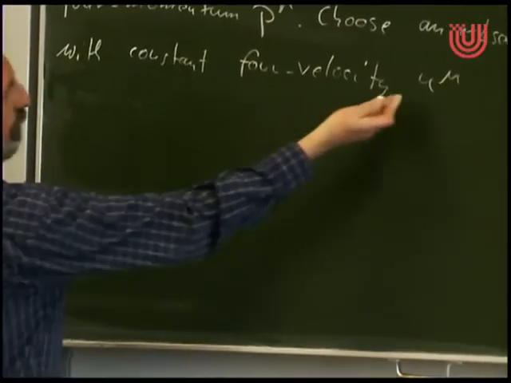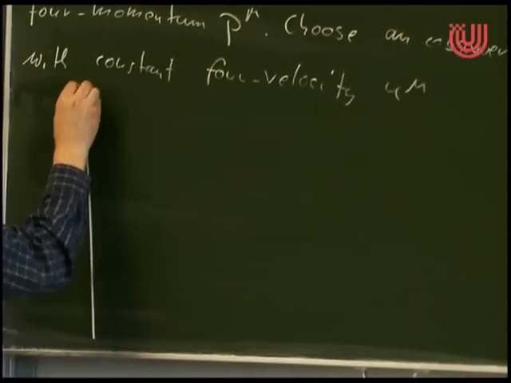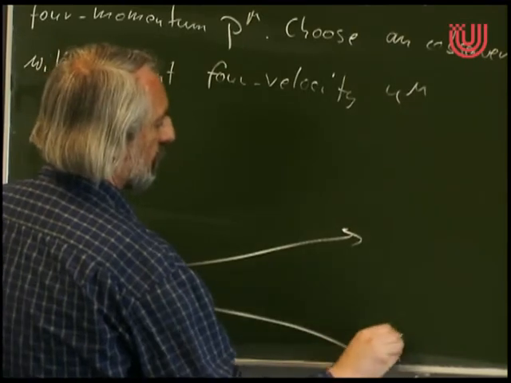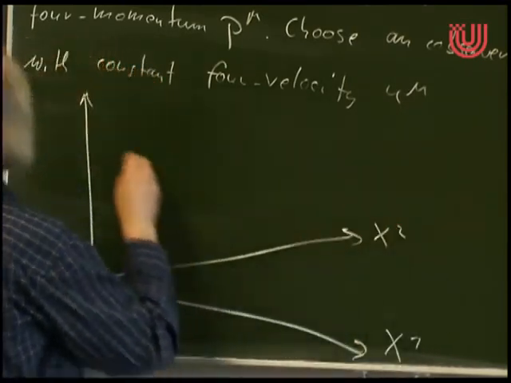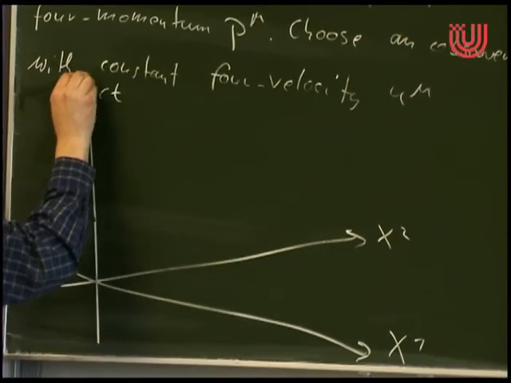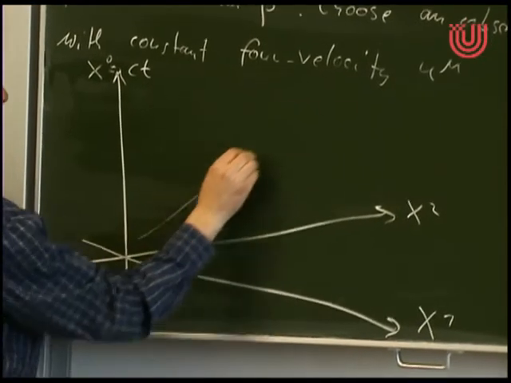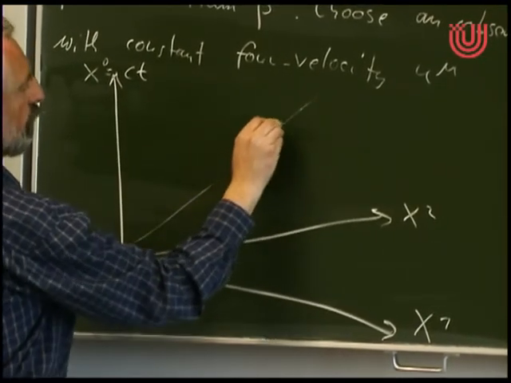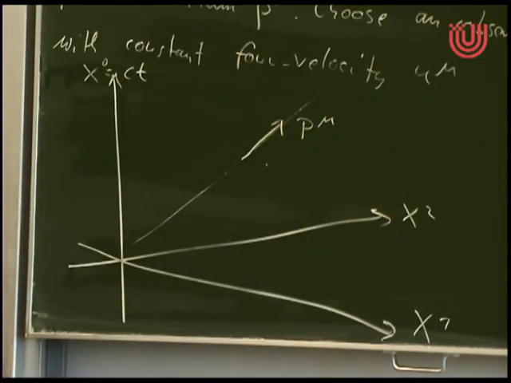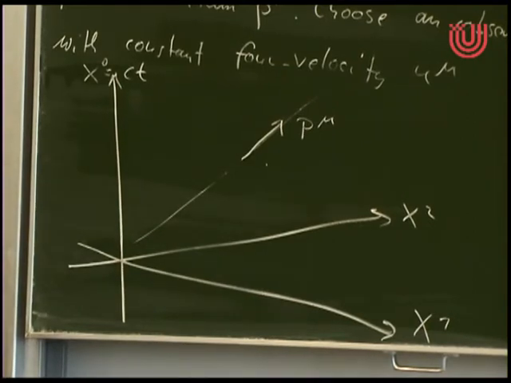You may think of this observer as being at rest in your chosen inertial system, but that's not necessary. You could also represent it with the help of another inertial system. So here I have my classical photon, which moves on a world line under 45 degrees, and it has a four-momentum which lies also on the light cone.